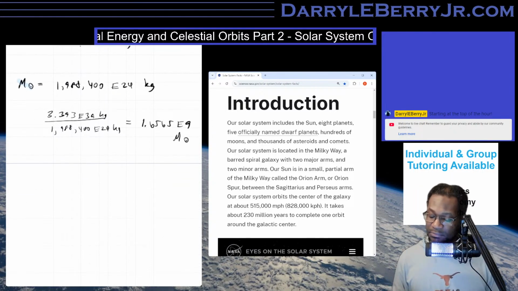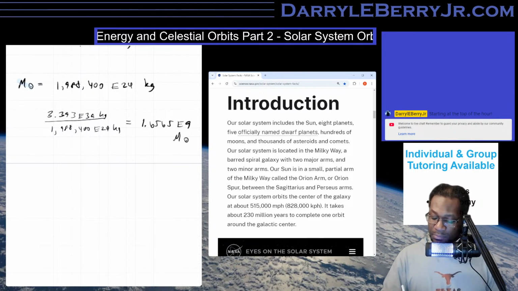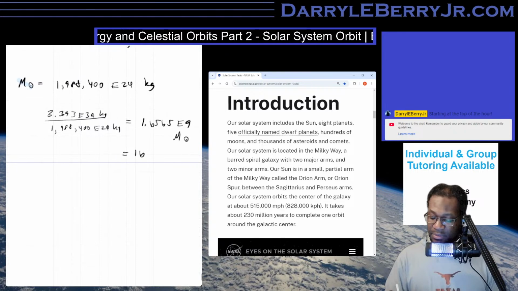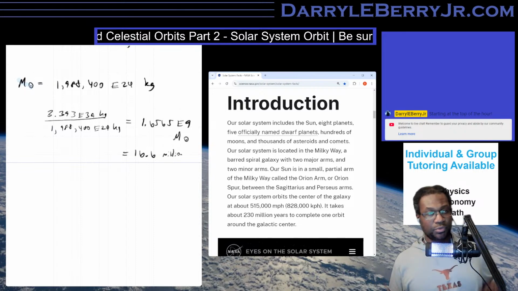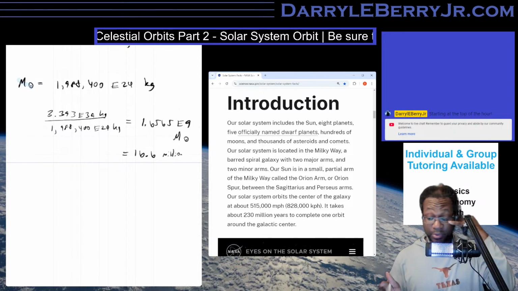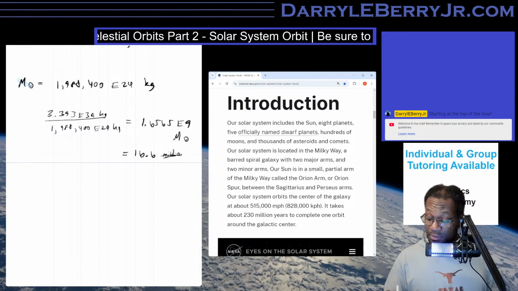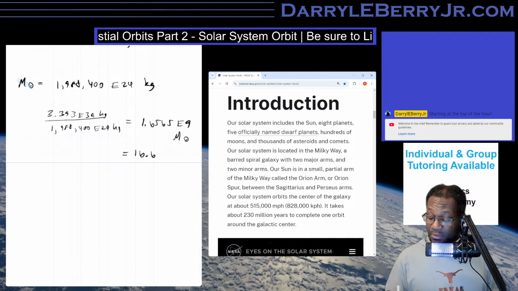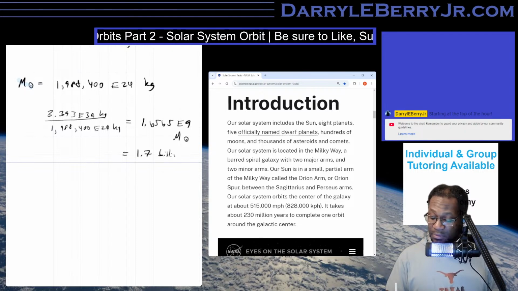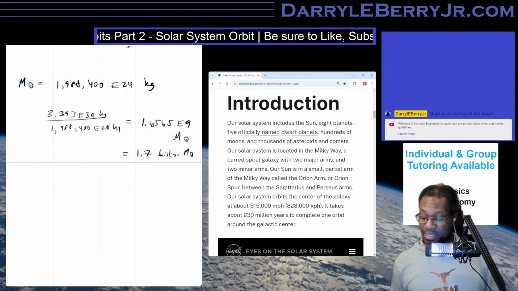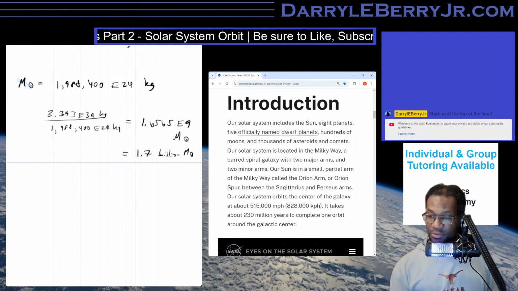That's 16.6 million. Oh, that's trillion, no, billion. Not even 16.6, that's going to change it. 1.7 billion solar masses, if I'm reading that properly.